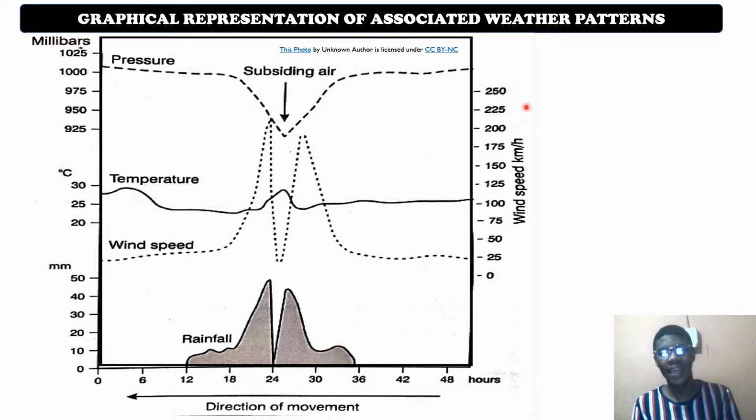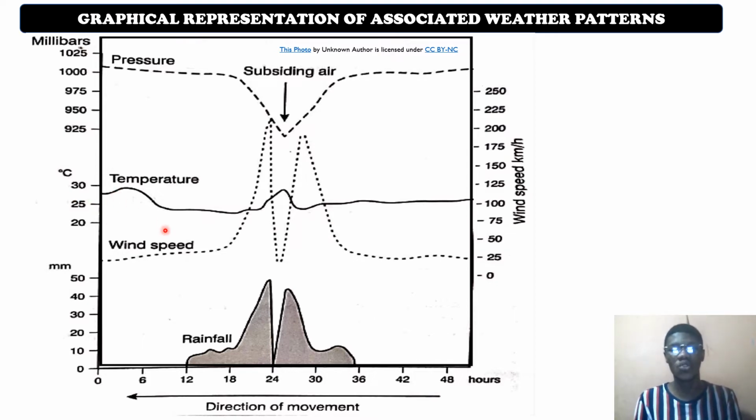And then what else do we have? We have our rainfall. So our rainfall is in millimeters. So this dark section of the graph shows us your rainfall. Remember that, very important. And the dotted line is showing us our wind speed. And then we have temperature. So we're looking at the temperature of this ocean.